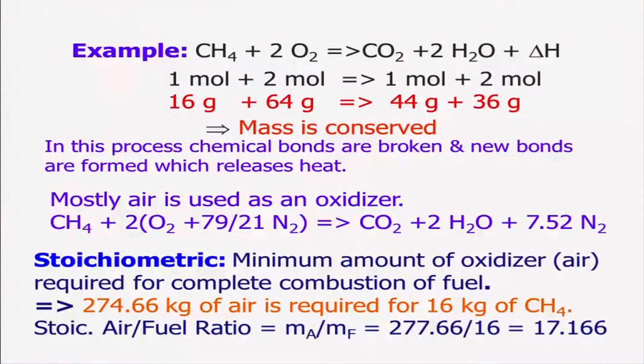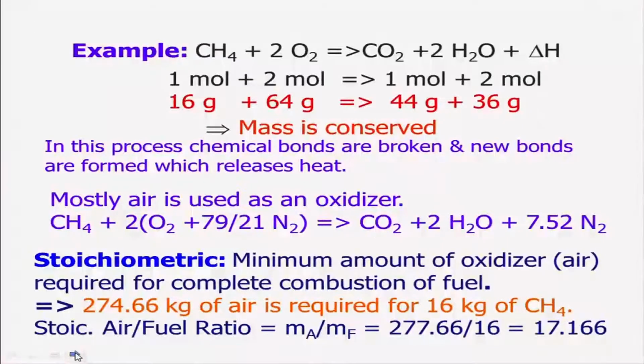In this case, 274.66 kg of air is required for 16 kg of methane. You can call also grams. So, the stoichiometric air fuel ratio is mass of air divided by mass of fuel, which happens to be 17.166. That means the air fuel ratio you need to provide is 17.166 for complete combustion.